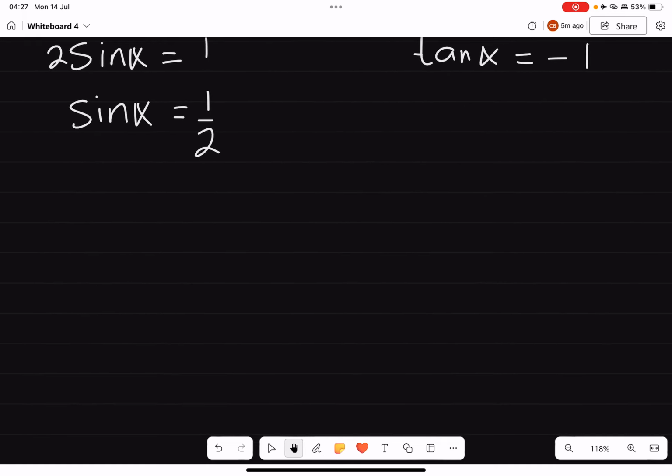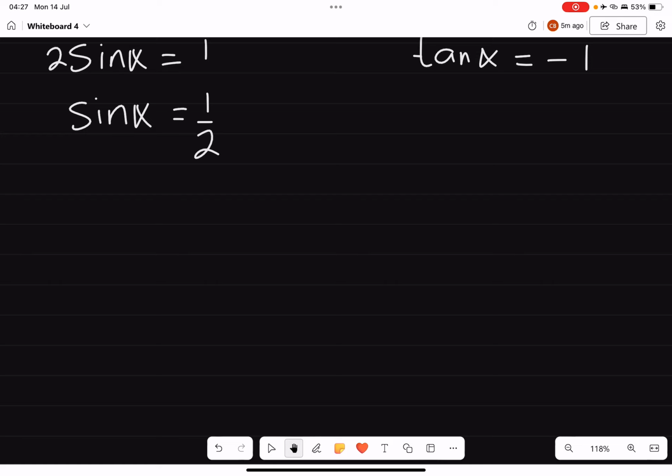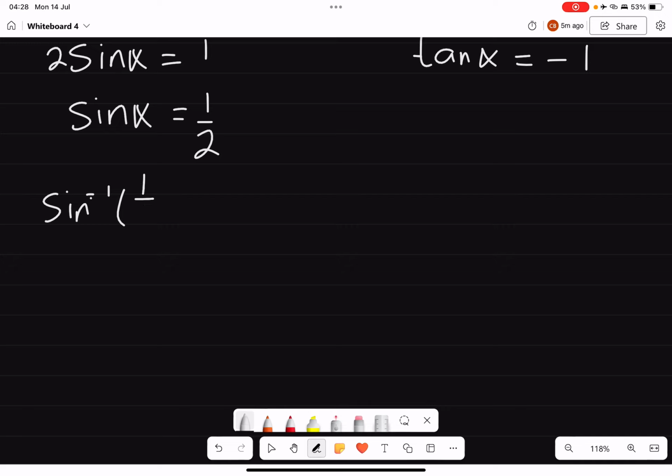Now, ladies and gentlemen, I am going to firstly deal with sine alpha equals a half. Let's get the reference angle. Shift sine of half is equal to 30. Therefore, the reference angle will be 30 degrees. Remember, the reference angle is always positive. Let's get the reference angle for tan.